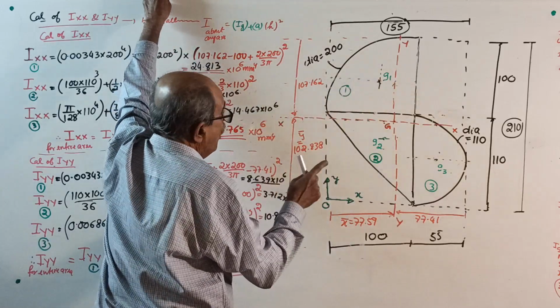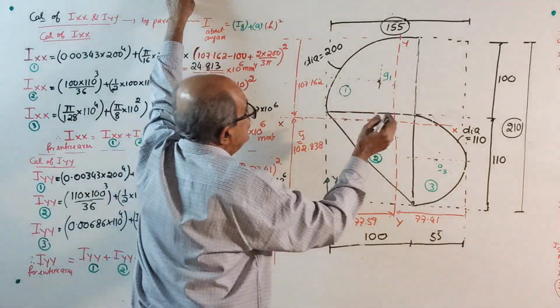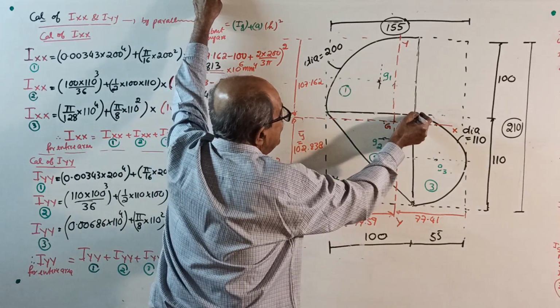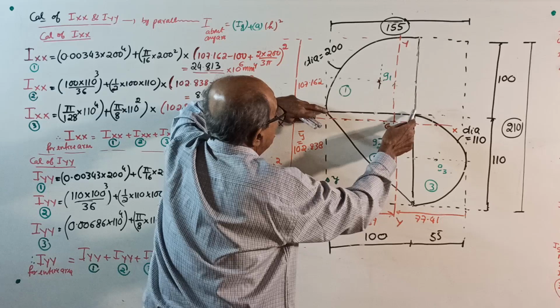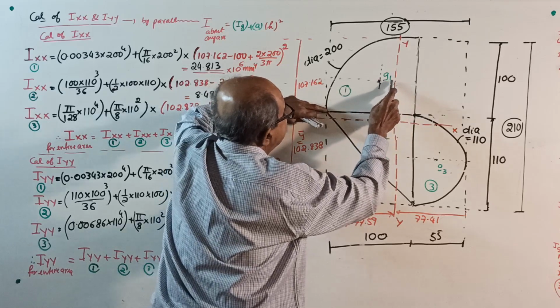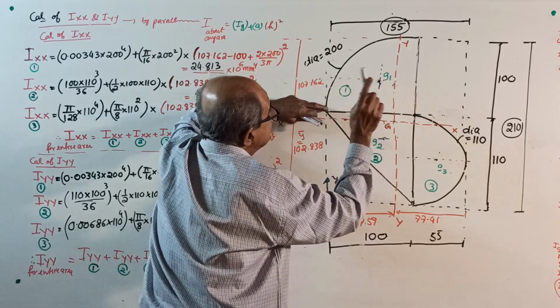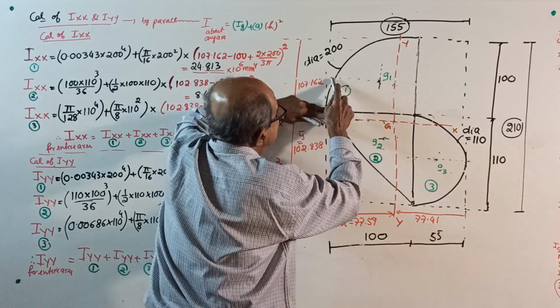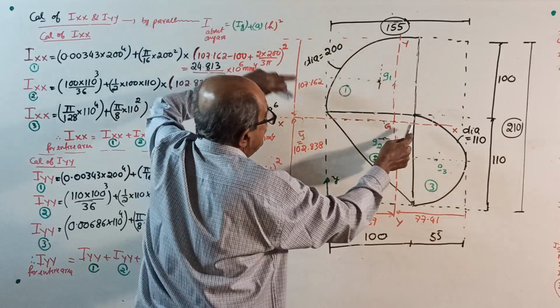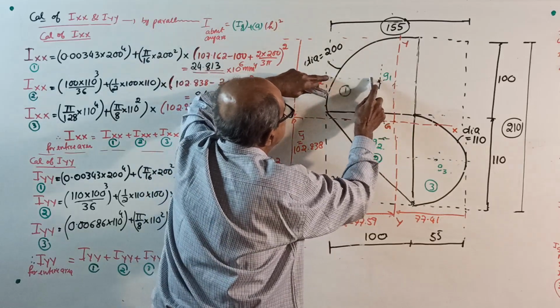So there is a problem. What you do is, you find the distance from here. See, what do we want now? We want this distance square. If you want that, you first find what this distance is.